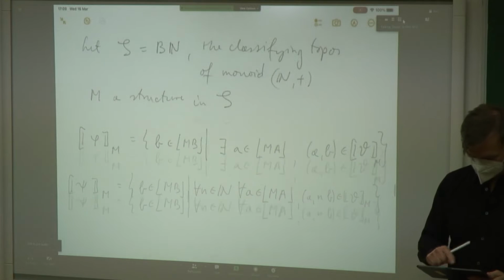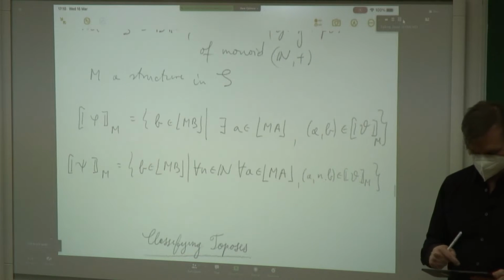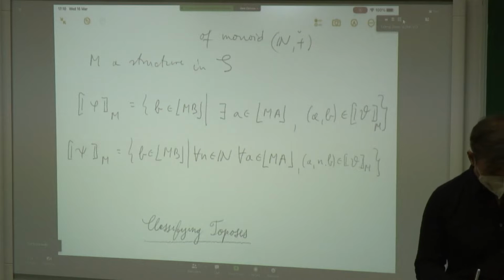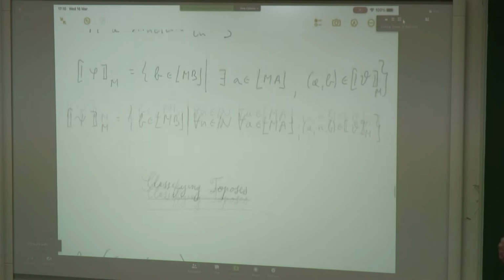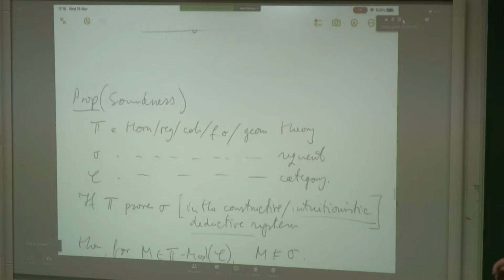Okay, so we know what models of theories are. Let's see how we can classify them using classifying toposes. Now, before we get to the classifying toposes, I should tell you what nice properties this categorical logic has.